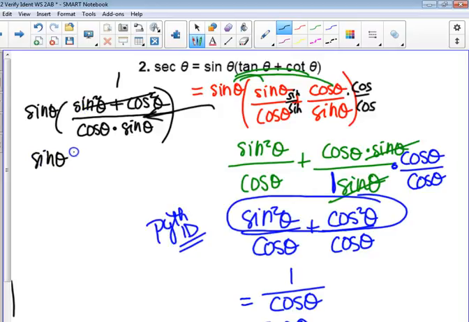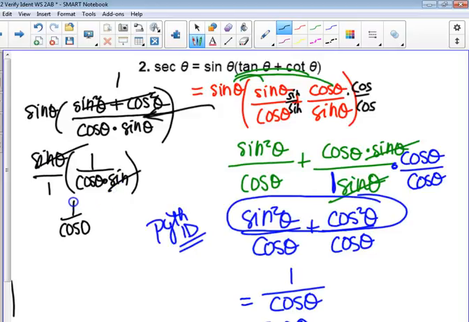You have sine times 1 over cosine times sine, and that's all multiplied together. Everything is multiplication, so we can cancel the sine, and we just get 1 over cosine. I would have taken just as many steps.